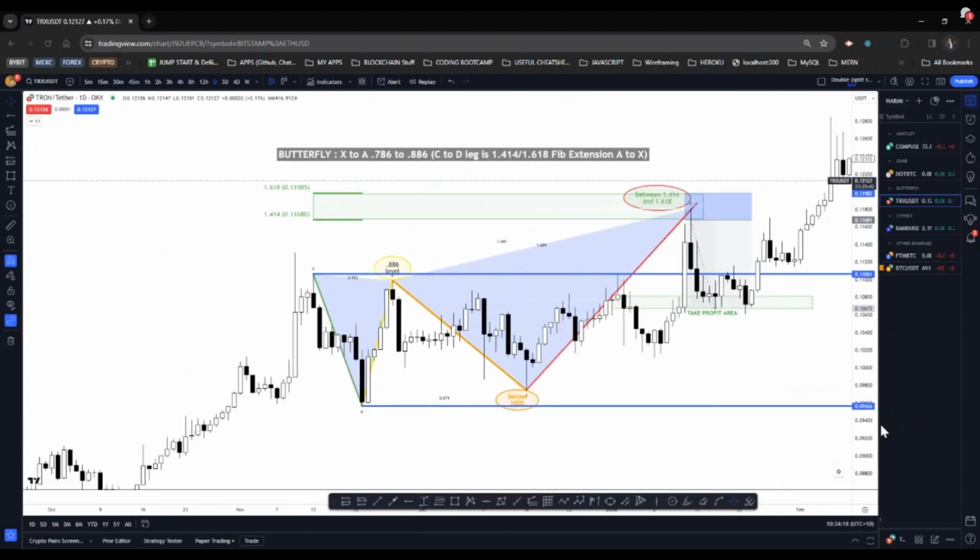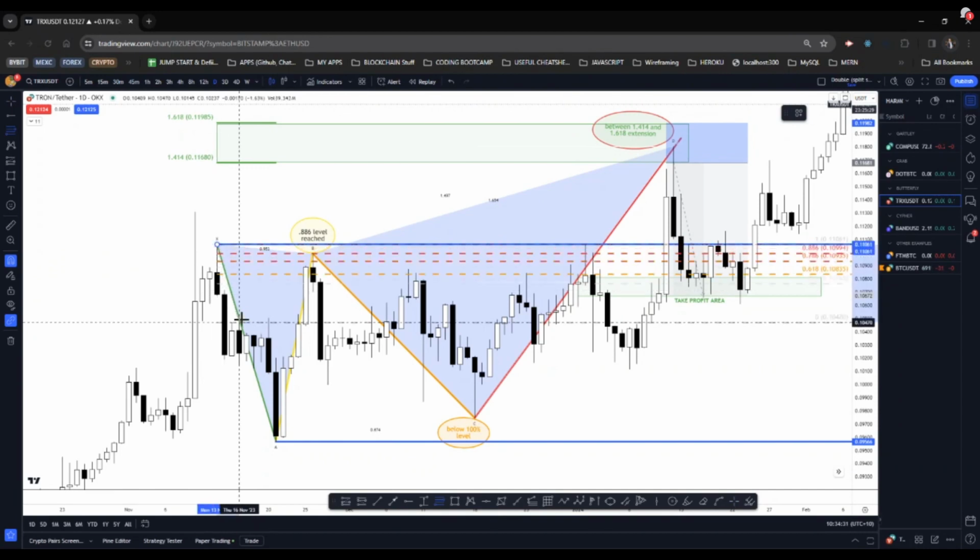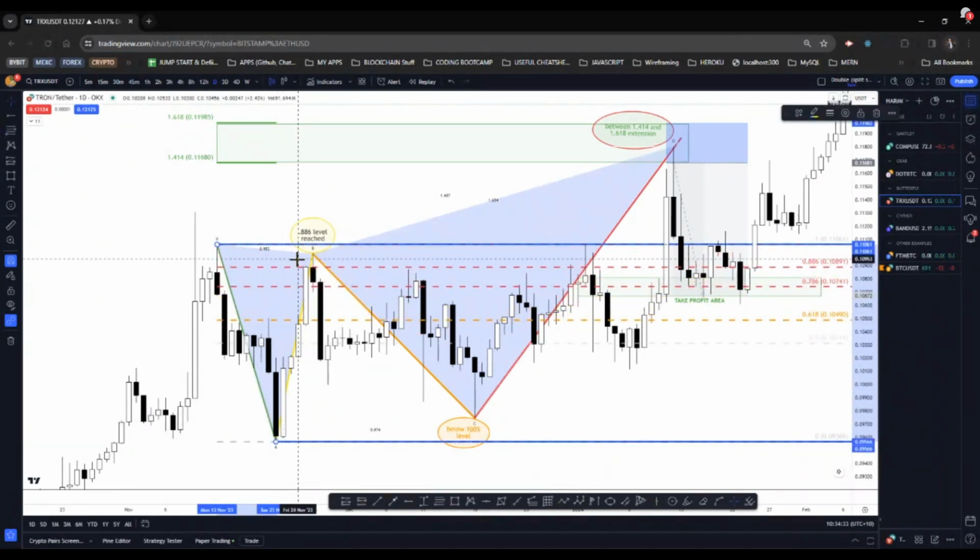You can see here, we've got so high on this retracement. We still didn't go above, but this is still considered a butterfly pattern. So if I was to take X to A Fibonacci, the closing was actually within that, which is great.